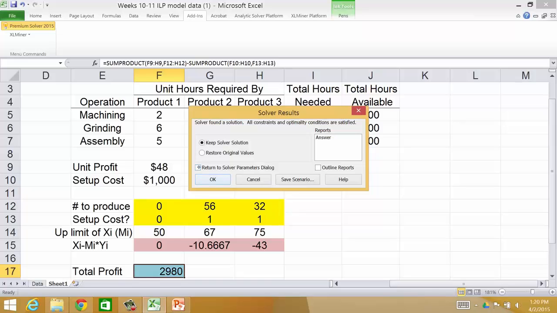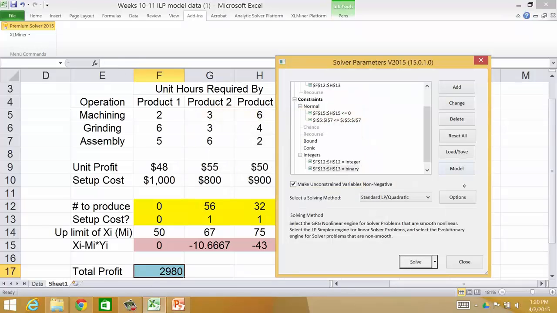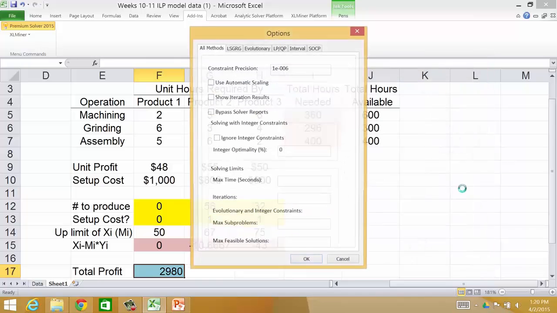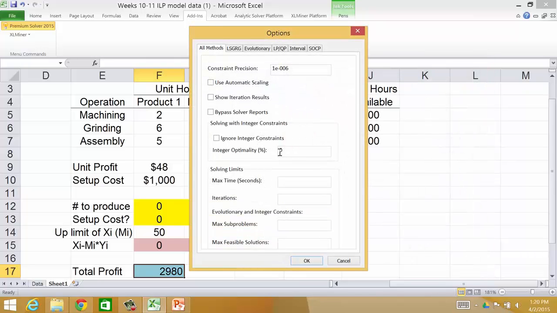That's because in this option here, the integer optimality tolerance I set to be 0, which means that solver needs to find the best, the optimal solution for me.